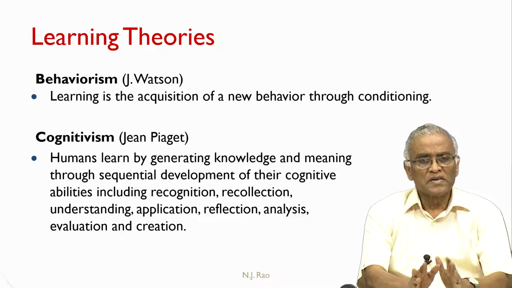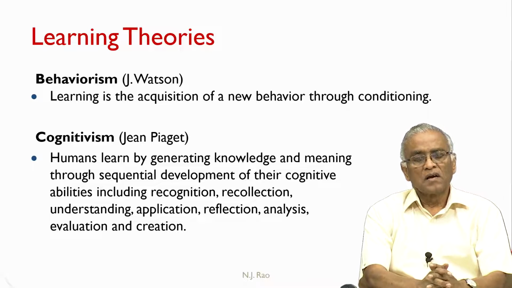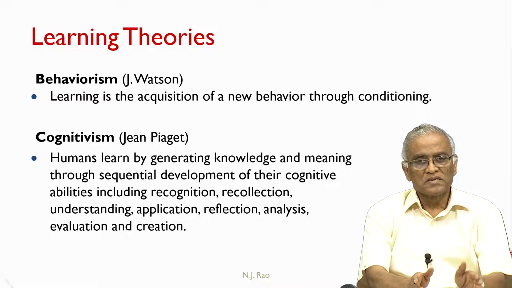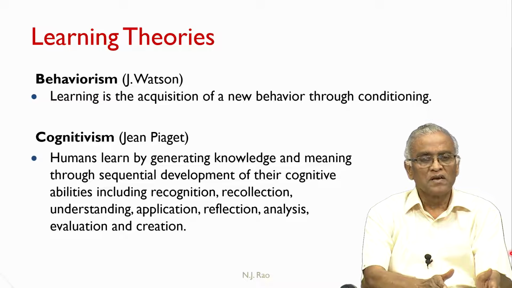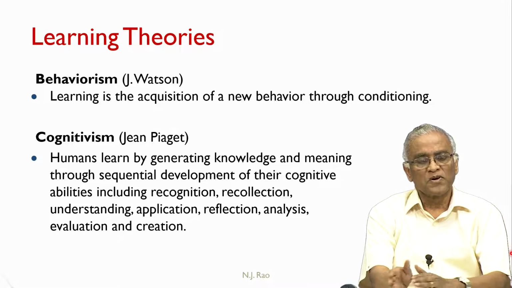We will not elaborate these theories in detail, but conditioning means humans react. If there is a stimulus, there is a response. For any stimulus there is a response, and for a sequence of stimuli you may get a sequence of responses.